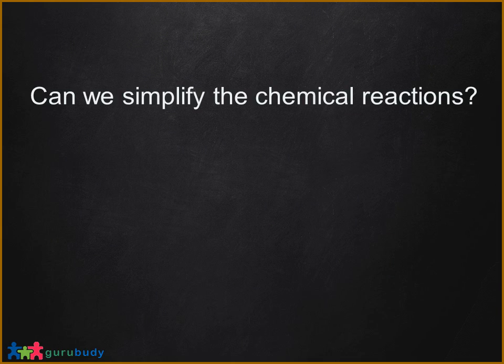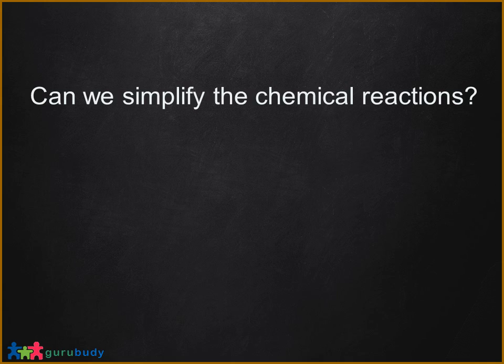Now the big question is, can we simplify chemical reactions? For example, we talked about magnesium and oxygen combining to form magnesium oxide, with light coming out, a big process going on. Is there a way we can simplify that reaction? And in the previous example, zinc reacts with sulfuric acid.